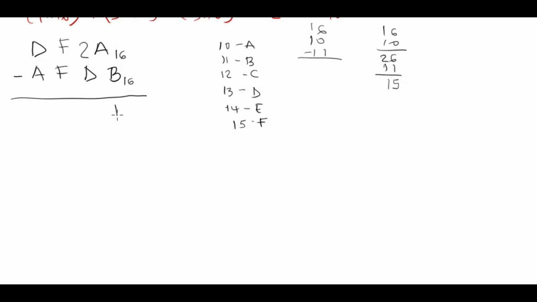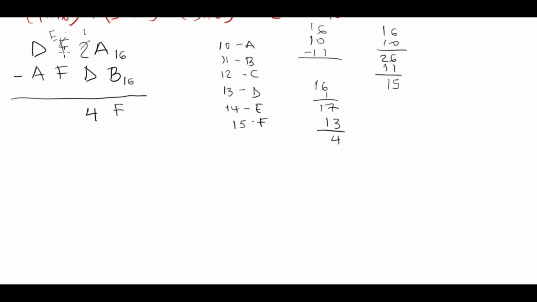So 15, that is F. So 2, remember there is 1 here because you have already carried the 1. So it's 1 there. 1 minus D. D is 13. We cannot do 1 minus 13. So you have to carry. This is E. When you take to the other side it is 16. 16 plus 1 is 17. 17 minus D, D is 13. We're left with 4. So here is 4.